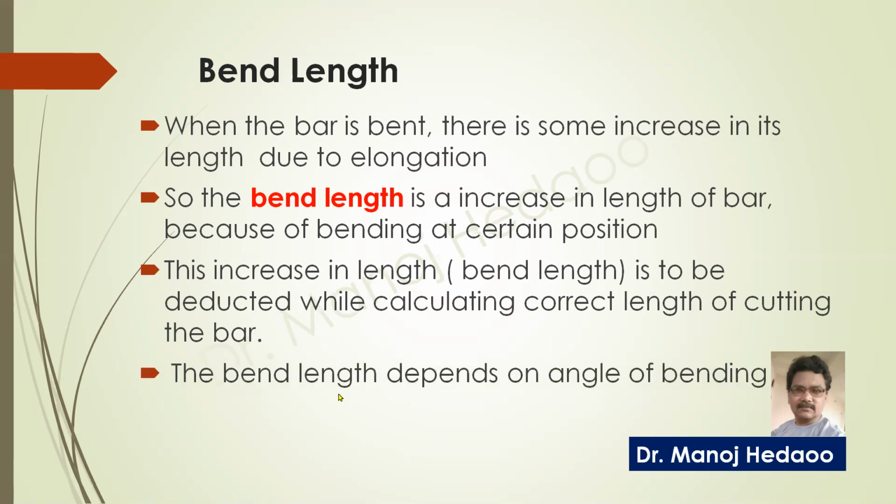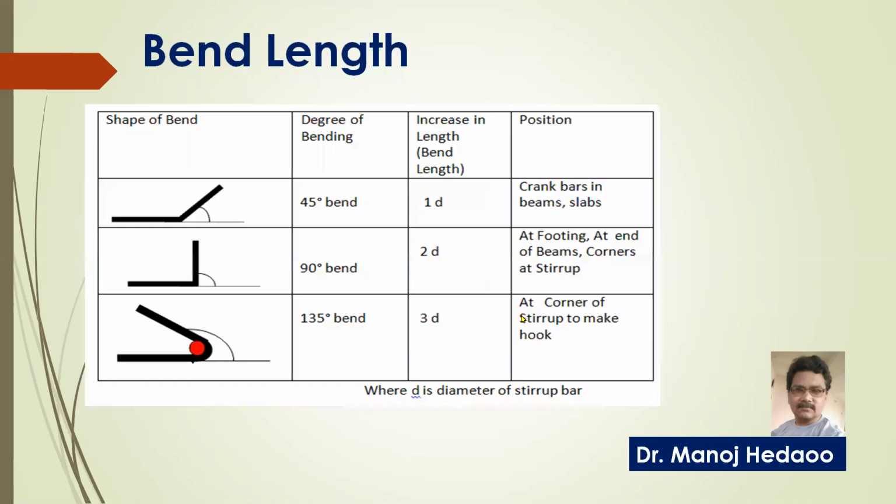So the bend length depends on the angle of bending. Now these are the different shapes. According to these shapes we will get the increase in length. So first is a 45-degree bend.